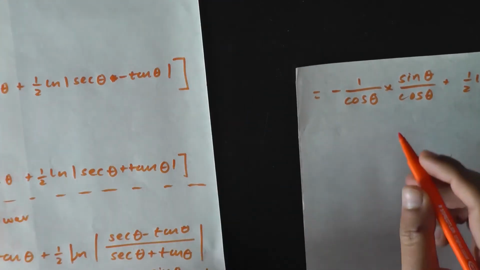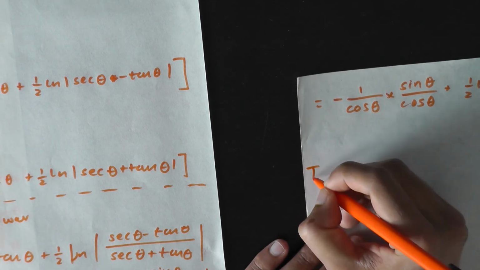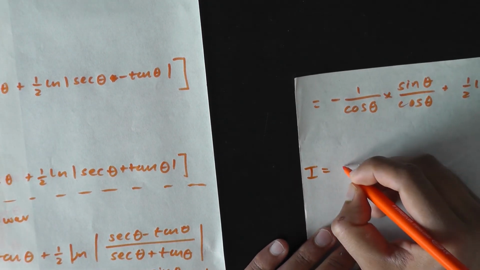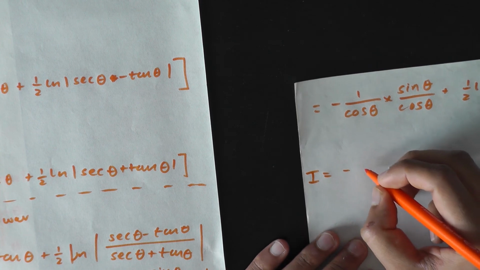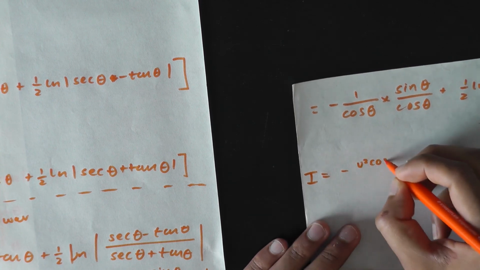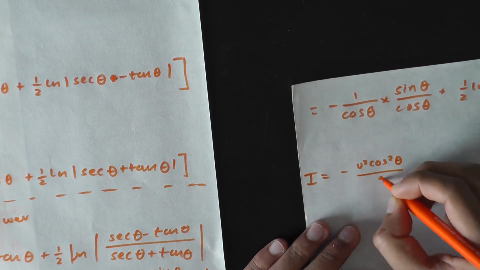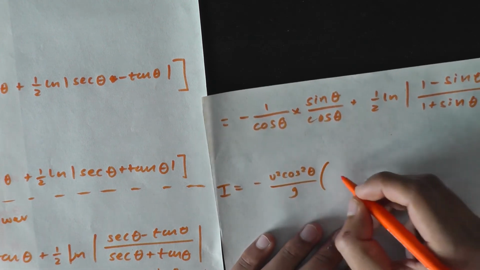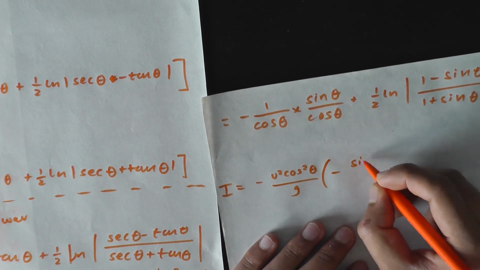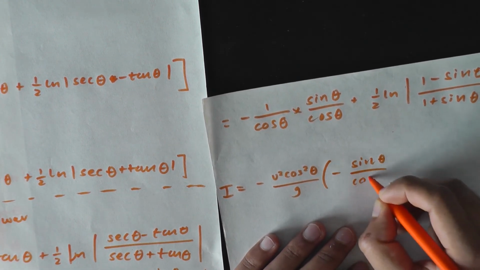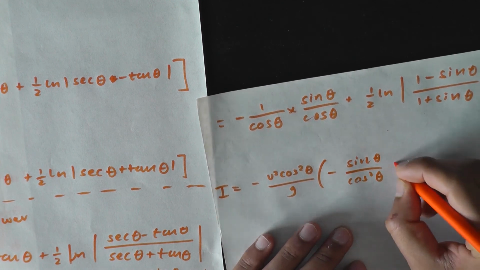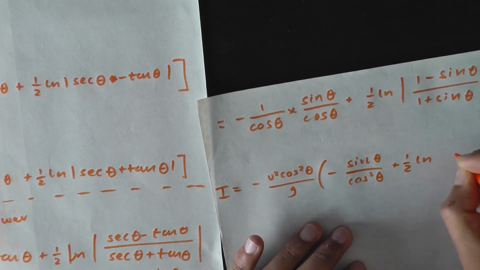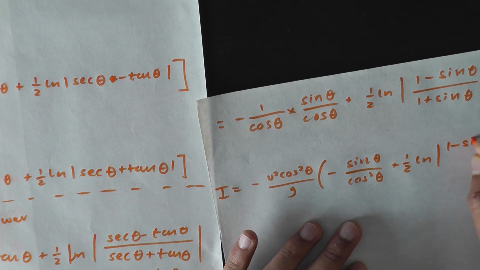Now that is the upper bound minus lower bound, and our integral looks like this. We need to bring in the minus v squared cos squared theta over g, and we got the minus sine theta over cos squared theta plus half ln of 1 minus sine theta over 1 plus sine theta.